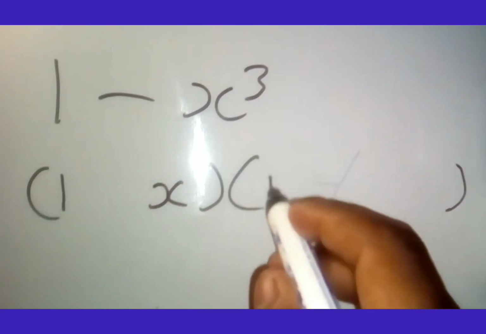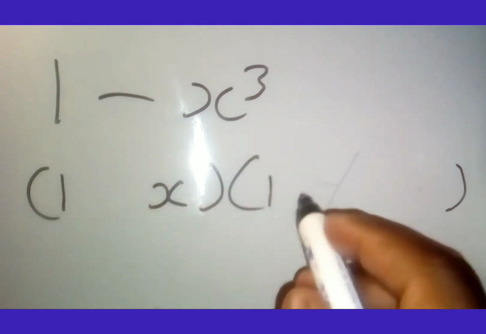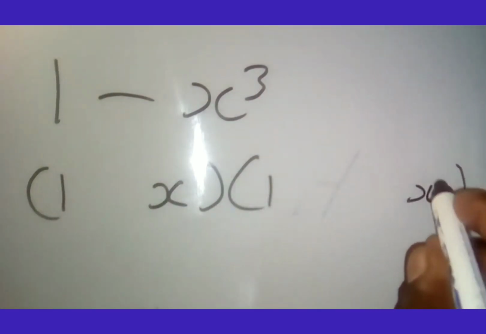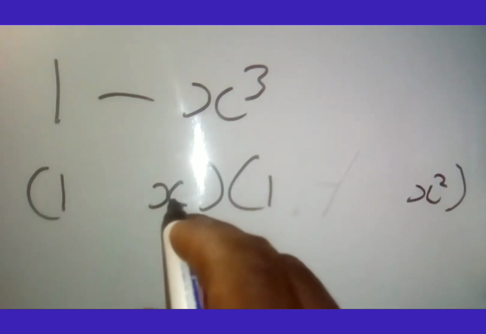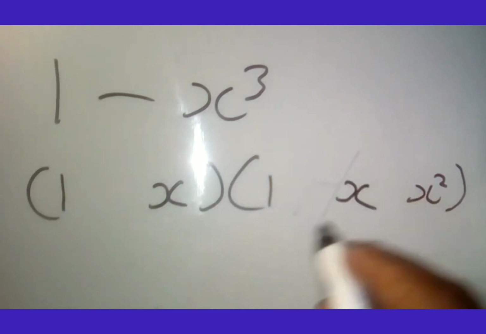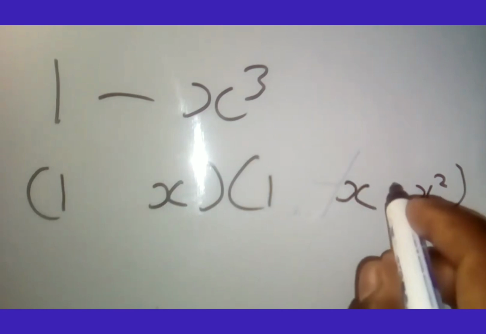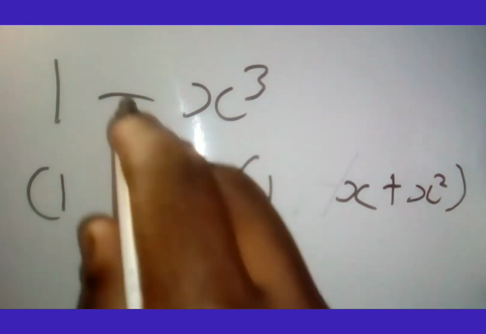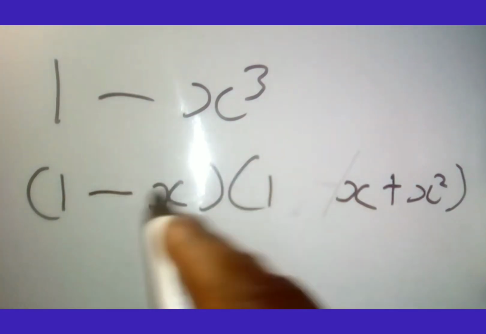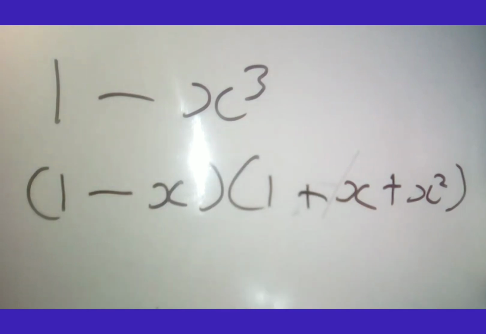When we square this, 1 squared is 1, and then x squared, we have it there. Now 1 times x is x, right? We don't need to write 1x. The last one, of course, will always be a plus. Here we copy, and then this will contradict that, so we'll have that. And there we have it.